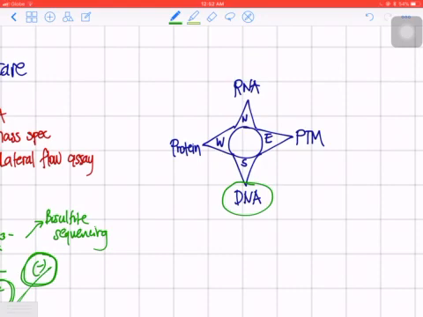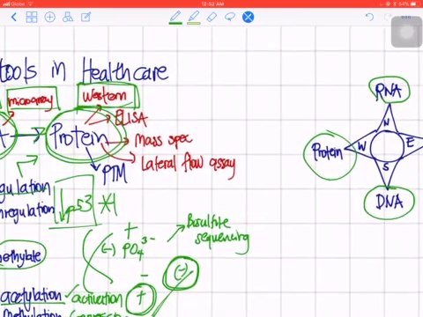Okay, so for RNA, we have northern blots. For proteins, we have western blots. And for eastern blots, we have post-translational modifications. But that's just a historical note. Take note that these are the names of sequencing for these different biomolecules.